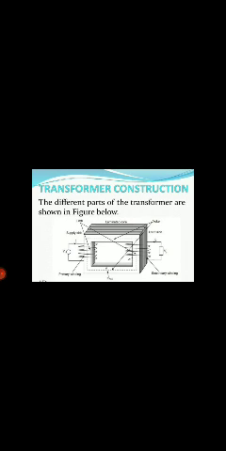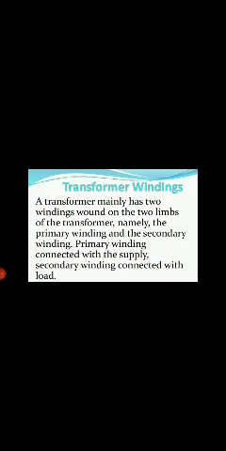V1 is the primary voltage, I1 is the primary current, V2 is the secondary voltage and I2 is the secondary current. On the primary side we apply the voltage or supply, and on the secondary side we connect the load.